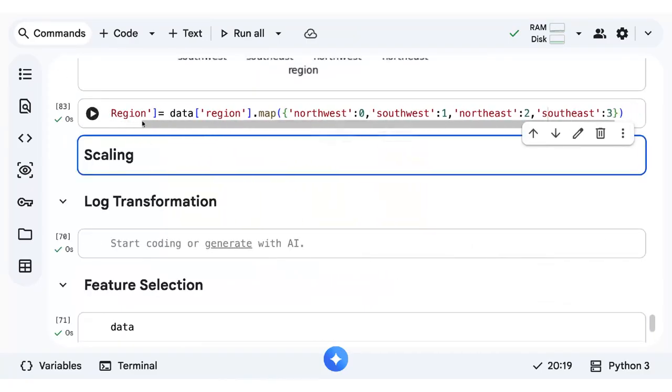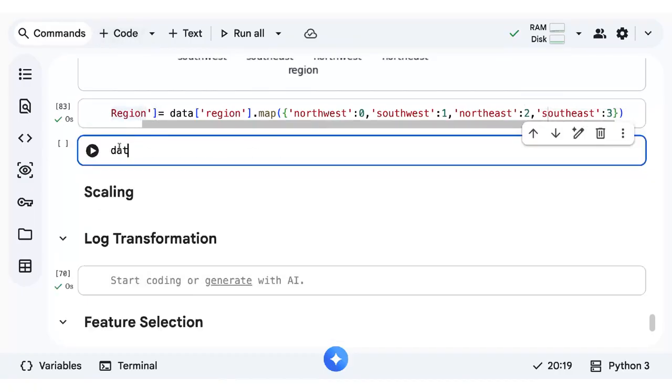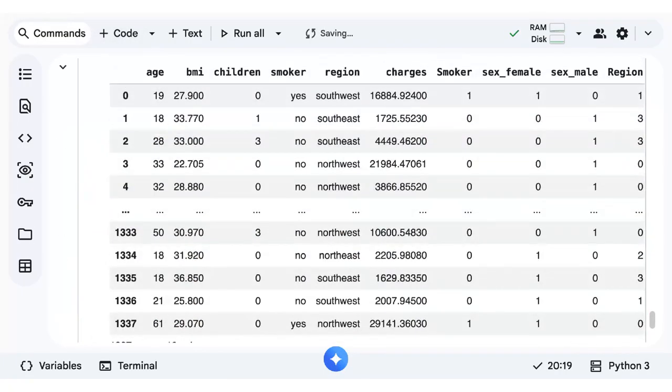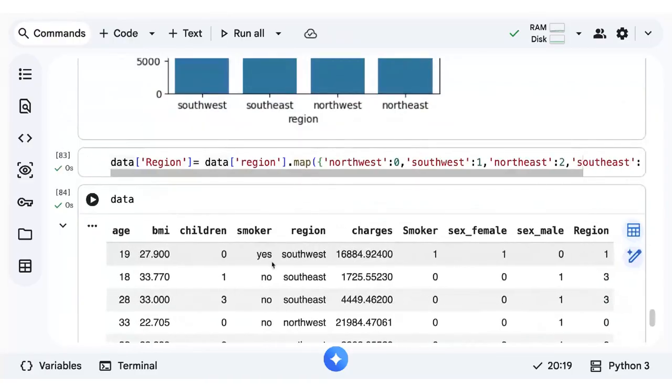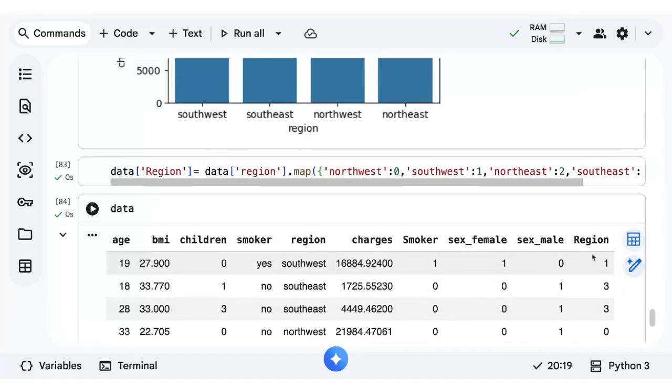Okay, print your data and show. Can you see? This is how, based on the categories' importance on a target, we assign values. Manually, we are assigning the values.